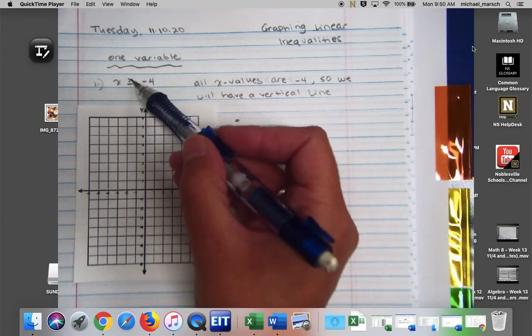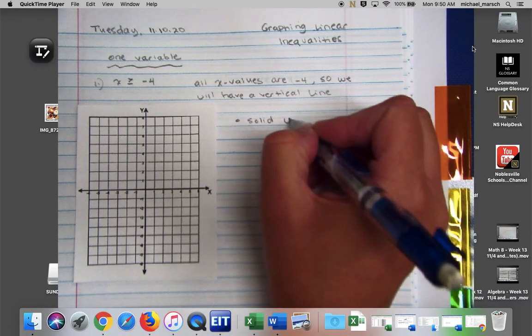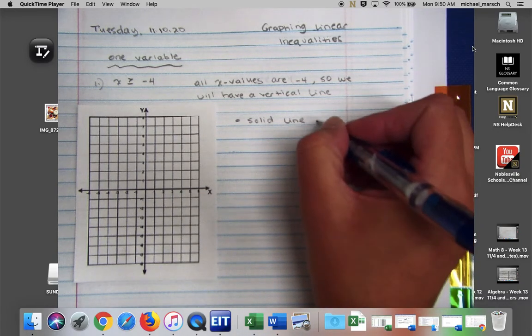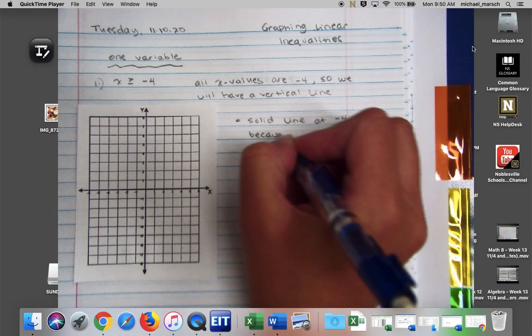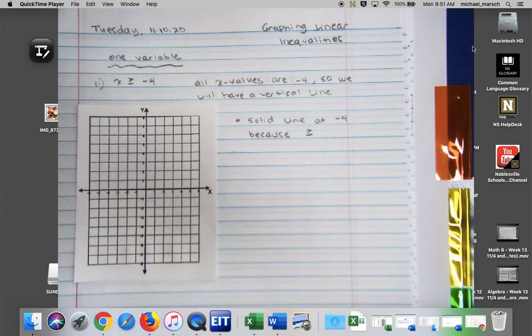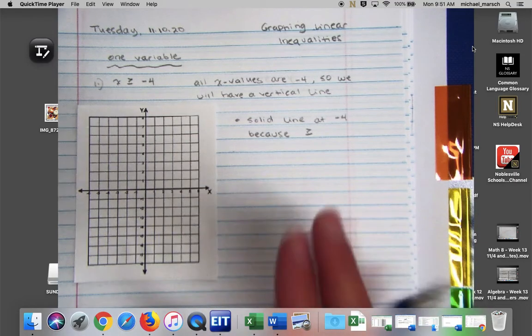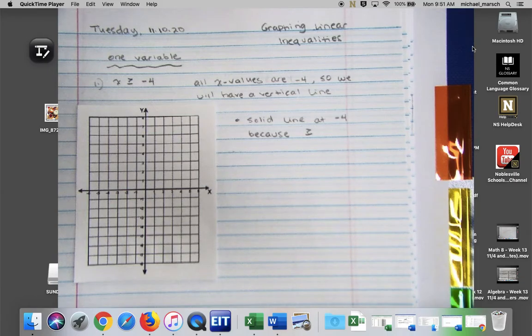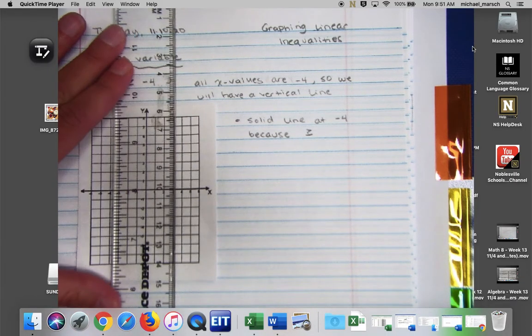Because this is or equal to, I'm going to have a solid line. Kind of like on a number line when we would fill in the point. Do you remember that? Because it was or equal to. So very similarly, there's a different thing on these linear inequalities as well. So I'm going to draw a solid line at -4.